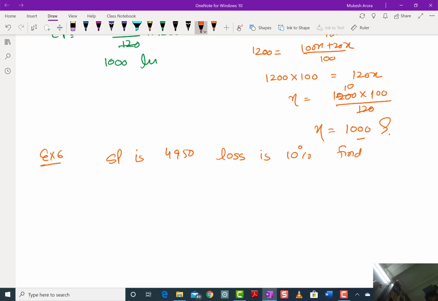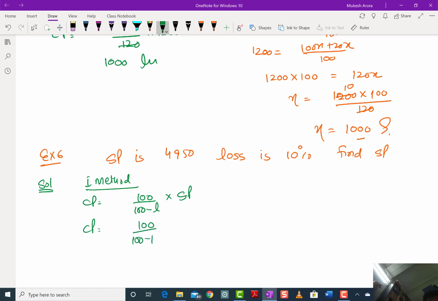Find CP. Again, we have two methods, direct and other. The first method, which is the direct method, CP is equal to 100 upon 100 minus loss into SP. So CP is equal to 100 upon 100 minus 10 into 4950.